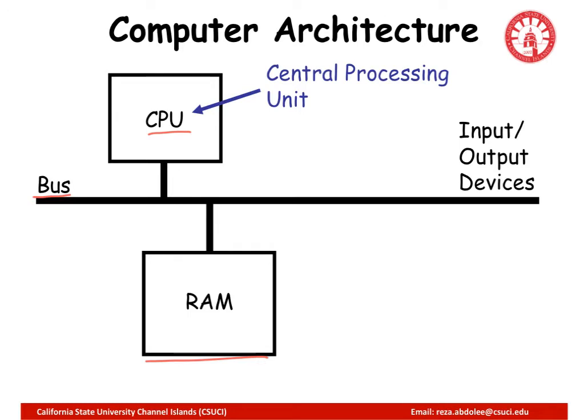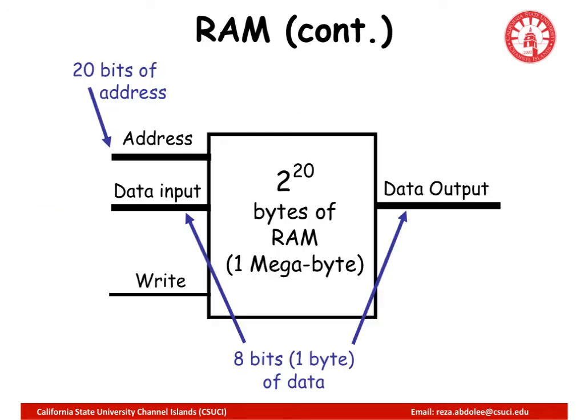We talked about the CPU a bit. Now let's talk about the functionality of the RAM and see what its internal structure is and how the capacity of a RAM depends on the number of lines in the address bus.